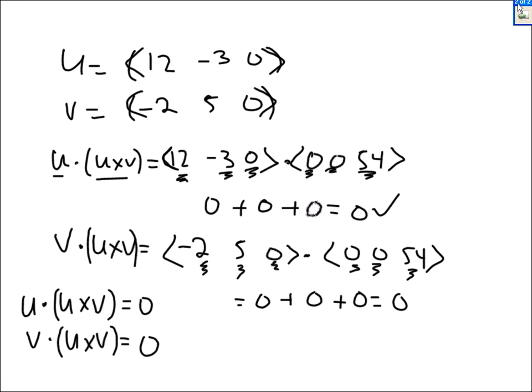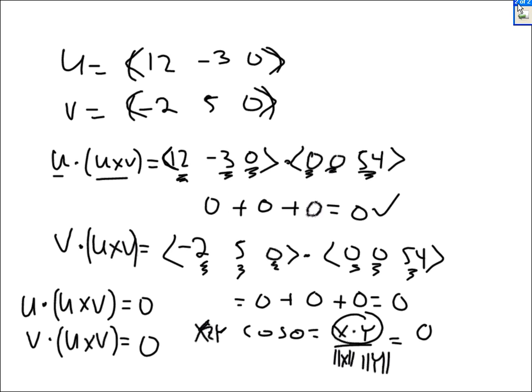Remember, when you take vectors x and y, the cosine of theta is x dotted with y divided by the length of x times the length of y. Well, if x dot y is 0, you get 0 on top.